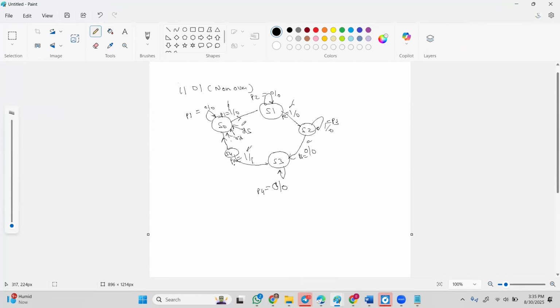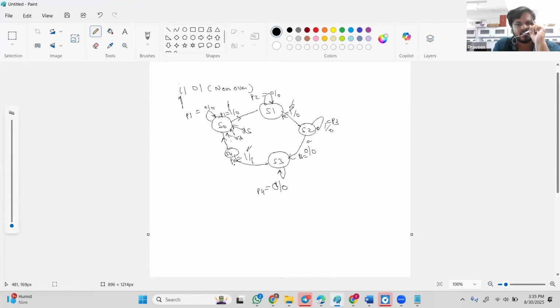Praveen, start. Like at P1, when it is 1, it is going to S1. And when P1 is 0, it stays at S naught because I have to detect 1101. And when in the S1 state, when P2 is 0, it will stay in S1 only.